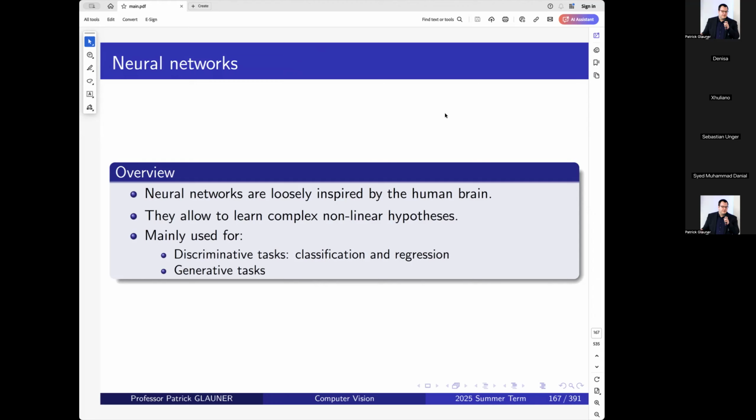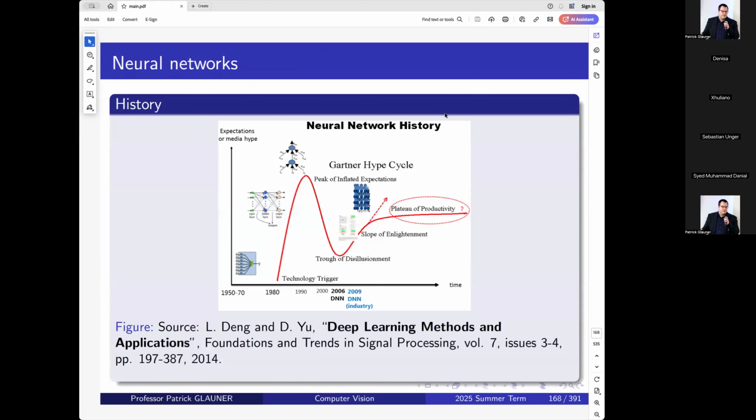And that's why in a machine learning class, you learn other things as well, not just deep learning. And that's why we also see in this computer vision course, not just convolutional neural networks or transformers, but also traditional methods, because they all have their importance for specific tasks. Now, neural networks are nothing new.